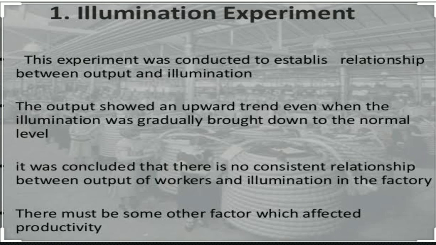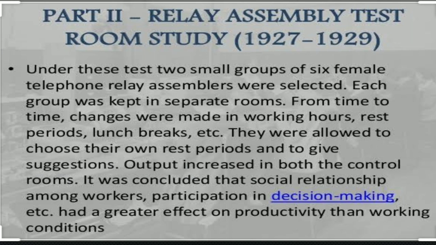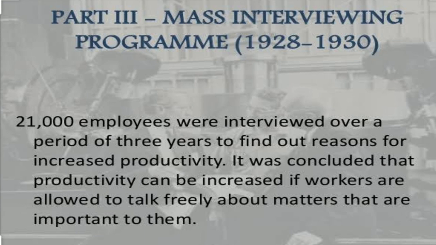First is, as you know, the illumination experiment, and next is the relay assembly test room study. We have two further parts, which will be discussed in our coming video classes. Keep in mind, very simply, the Hawthorne experiment was meant for establishing the relationship between physical factors and productivity. They thought that by providing many facilities, options, features and good working conditions to the employees, they might increase productivity.